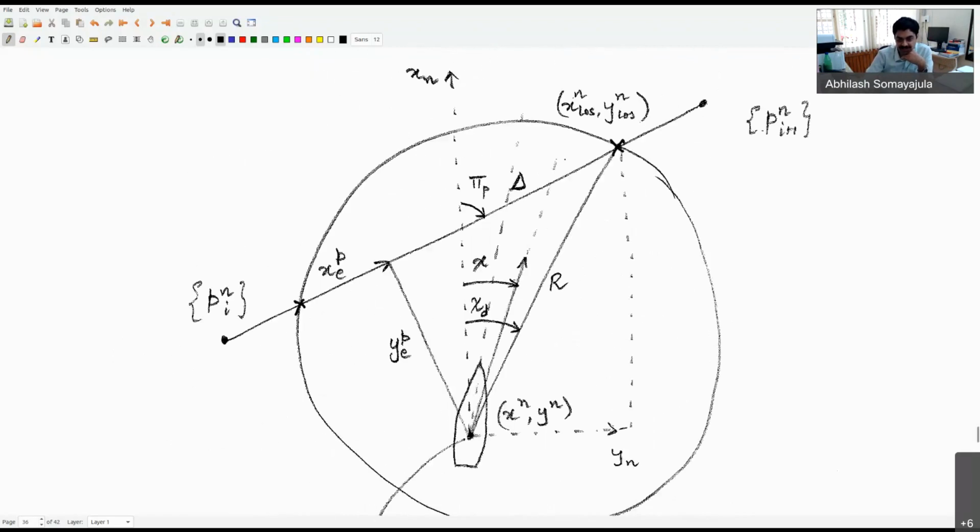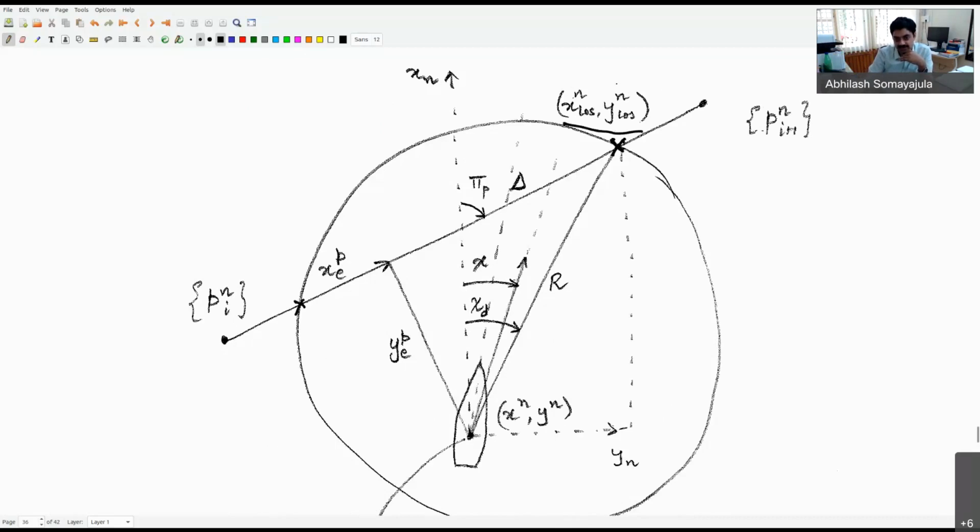So once I draw this circle, where is it intersecting? The circle is intersecting the line connecting the two waypoints. I'm picking that point, which is actually closer to the destination waypoint, and I need to compute that point's coordinates.